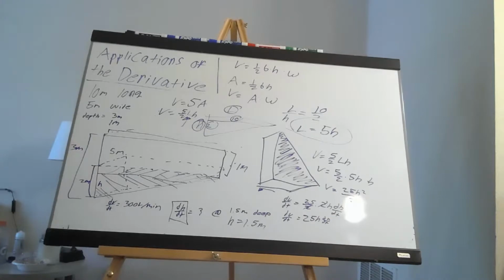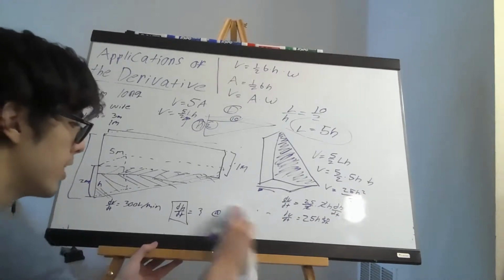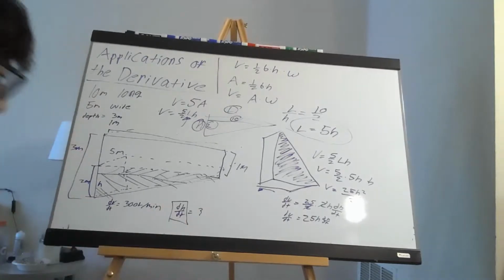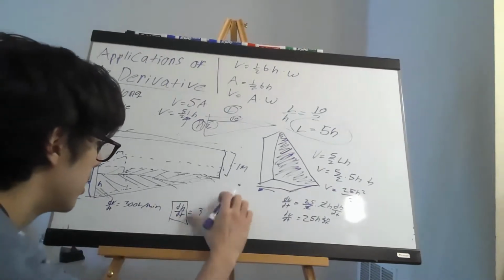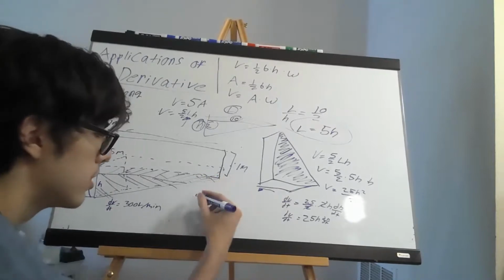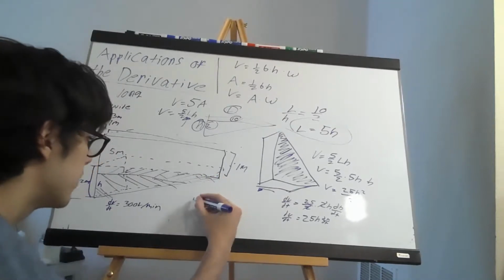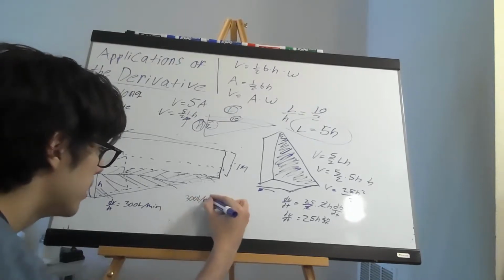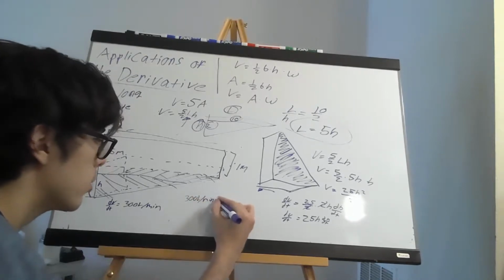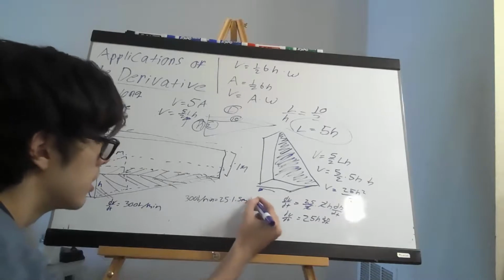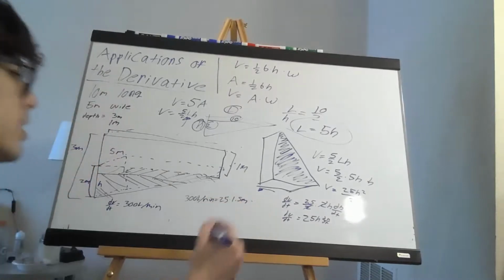So I'm going to erase some stuff right next to me so I have some extra room to write this. So we know that we got 300 liters, so h is equal to 1.5, so we got 300 liters per minute is equal to 25 times 1.5 meters times dH dt.